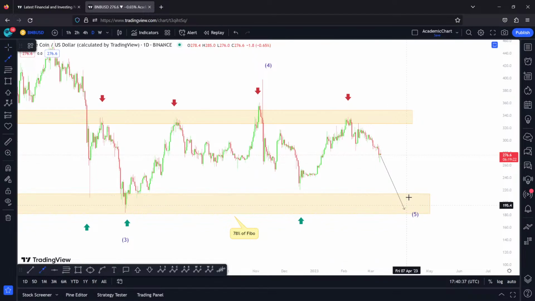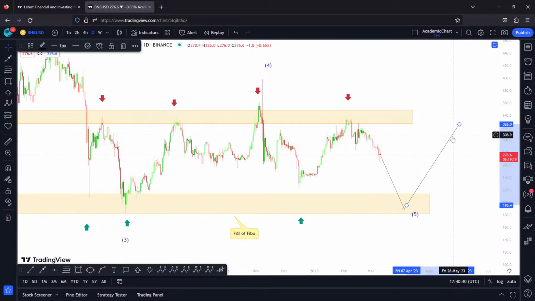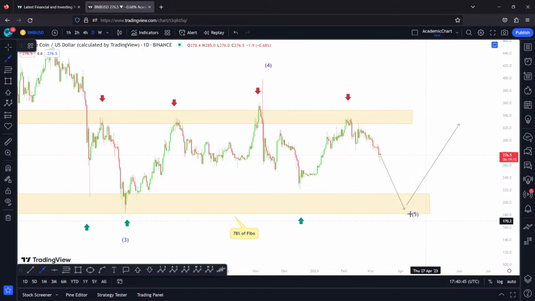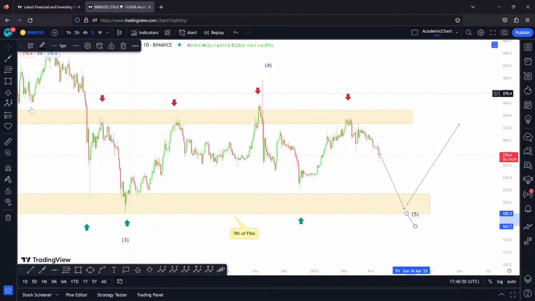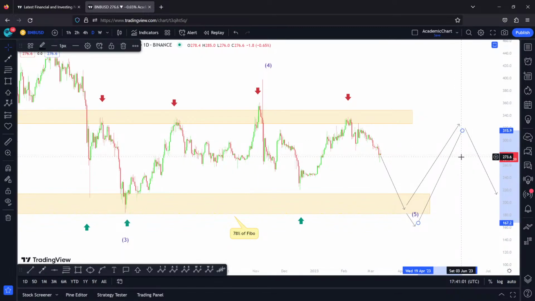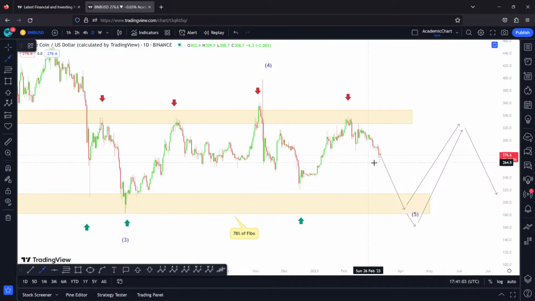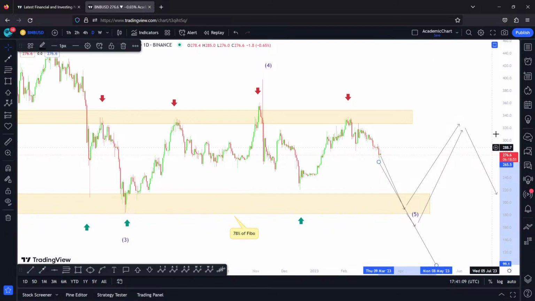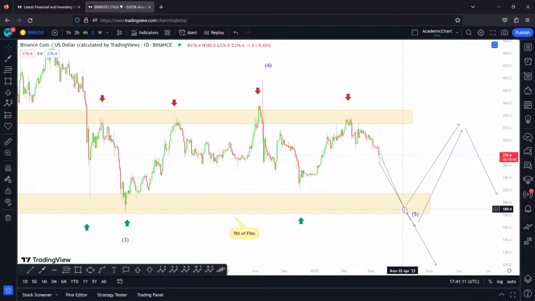To finish up my conclusion, in the long term we have two scenarios, or three I can say. It can immediately go back and form the triple combo, or it might be broken a little bit as a fifth wave and create a corrective structure, again the same scenario, or it might be, a more rare case I guess, a very strong fifth wave that breaks this support zone and continues.